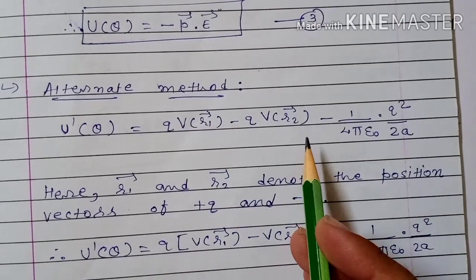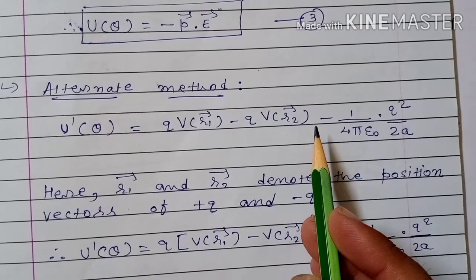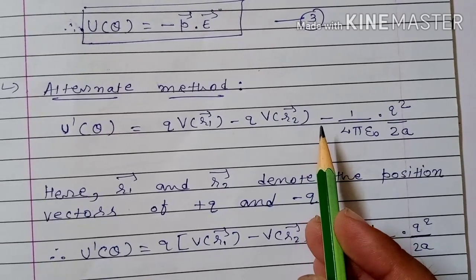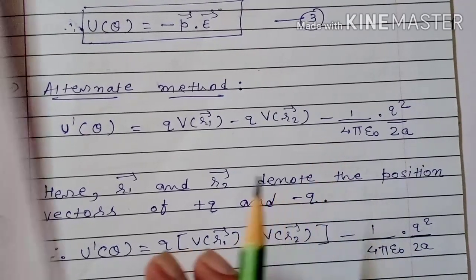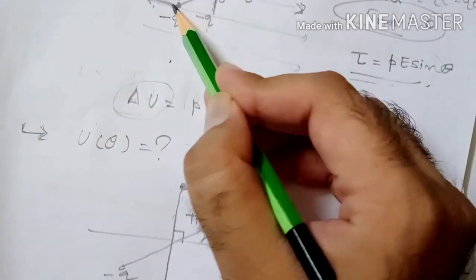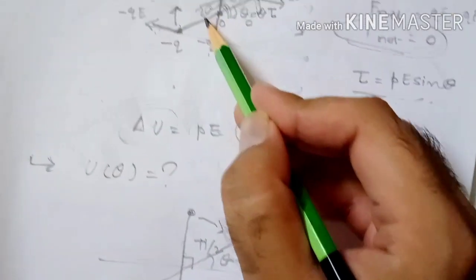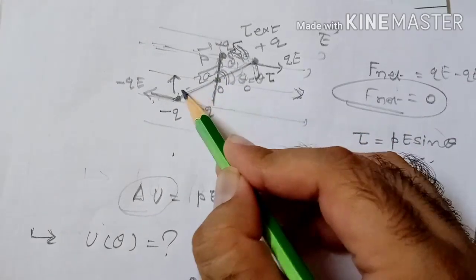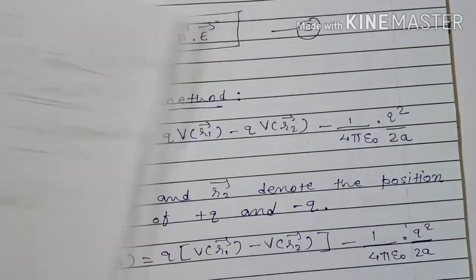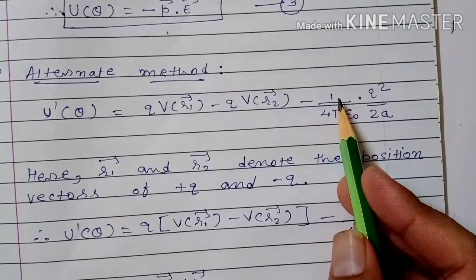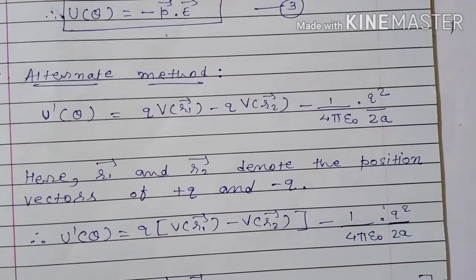We know the formula of potential energy due to a system of two charges, 1 upon 4 pi epsilon naught Q1 Q2 upon r12, where r12 is the distance between the two charges. Here the distance between the two charges is 2a. So we can write minus 1 upon 4 pi epsilon naught into Q square upon 2a.